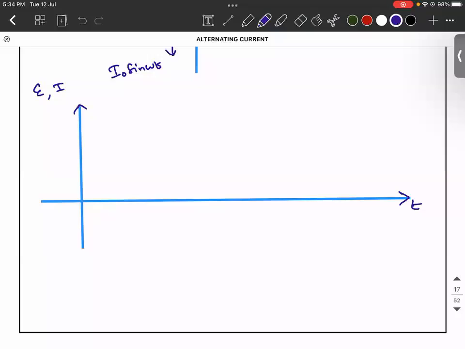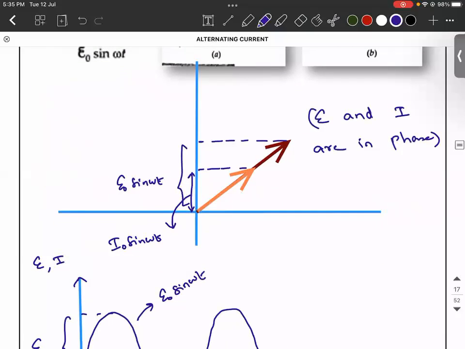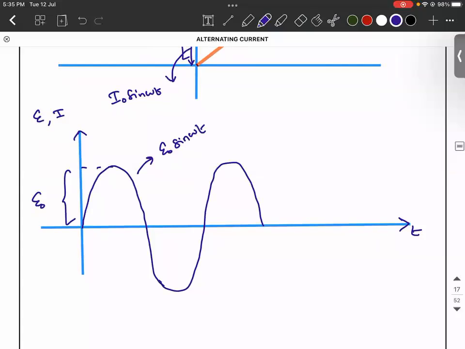When you do this, this is how the EMF is, where the equation of this graph is E naught sine omega t, and this peak value is called E naught. So I hope there is no confusion. In the graph, the distance between x-axis and the peak value is E naught, whereas in the phasor diagram, the distance from the origin to the peak value is actually E naught sine omega t. You don't get confused between both. So here it is E naught.